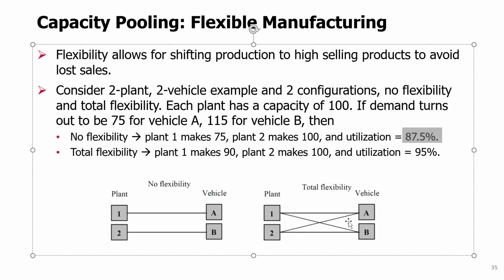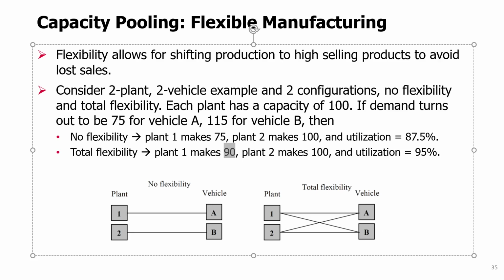And in the total flexibility case, in this example, the utilization will be higher because plant 1 can make 75 units of vehicle A, but also can make up the shortage for vehicle B that plant 2 cannot produce. So in total plant 1 can make 90 vehicles now.